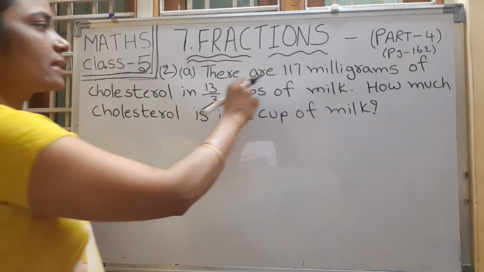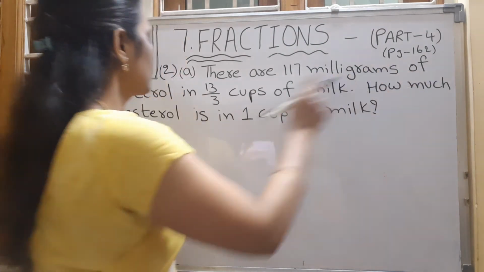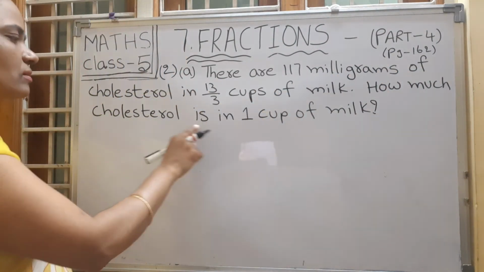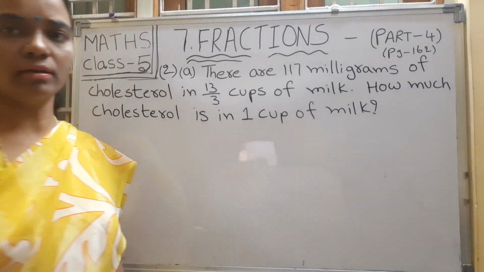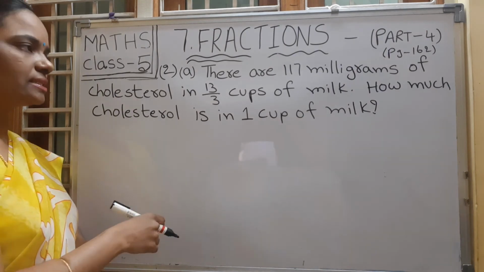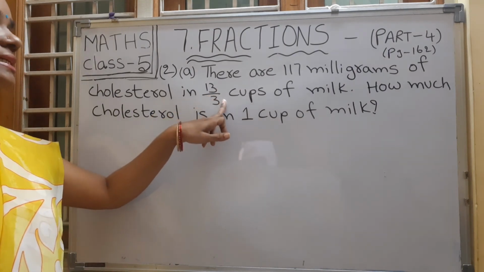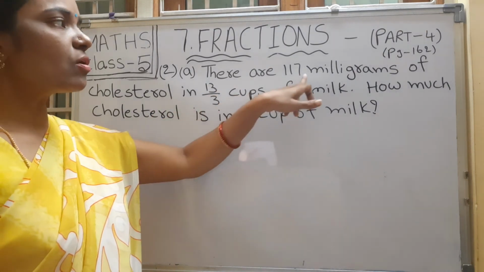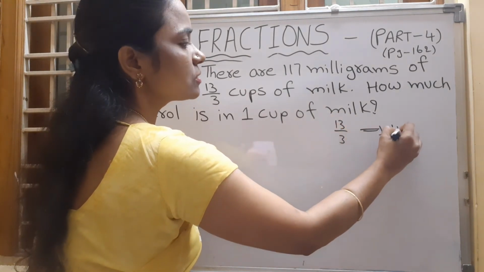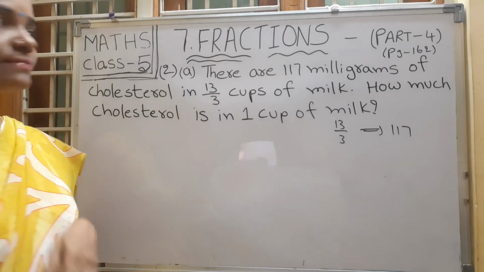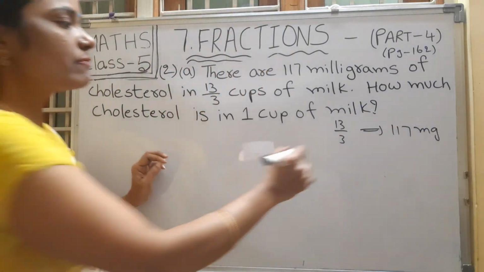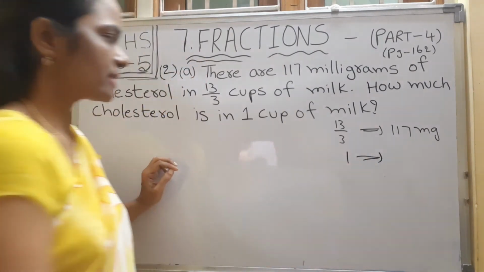Okay children, what is the given question here? In 13 by 3 cups of milk, how much cholesterol is present? 117 milligrams. Mg means milligrams. So in 1 cup, how much is present?